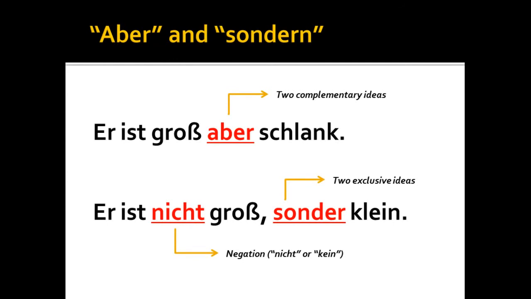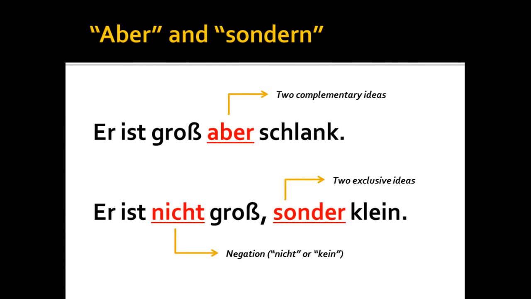However, the second sentence, ist nicht groß, sondern klein. The first clause is negated, either by a nicht or a kein. In this instance, it's negated by nicht. So we're saying that he's not large, but rather he's small.